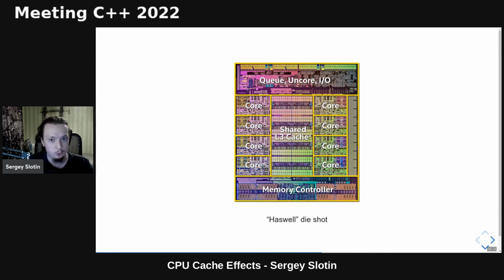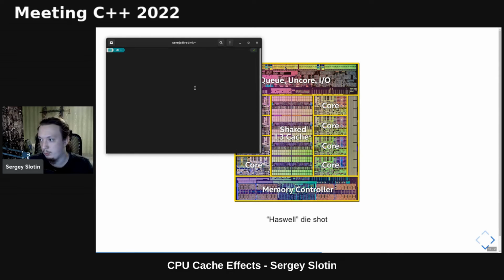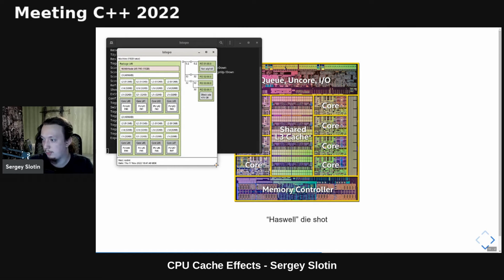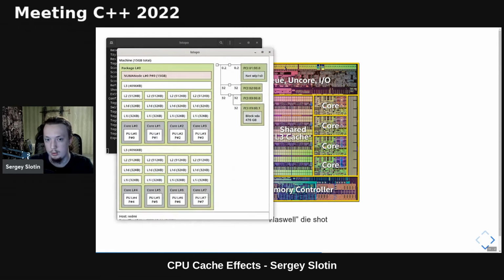On most CPUs, only the last layer of cache, L3, is shared between the cores, and not always in a uniform manner. On Linux, the topology of the memory system can be retrieved with this lstopo command. It generates this graph.